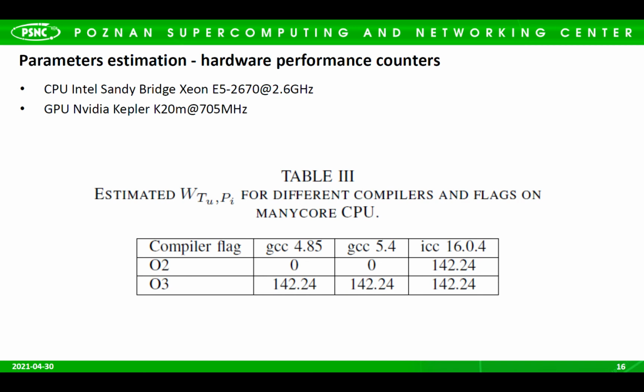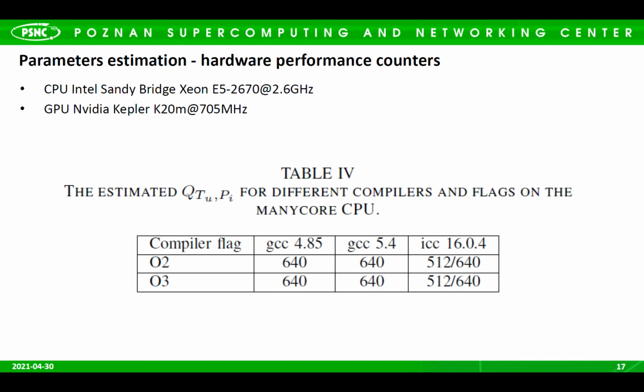What is worth mentioning is that for the GCC O2 flag, we received 0, and that's because the AVX instructions are measured, and there are no hardware performance counters for the other floating point operations on the Haswell platform.